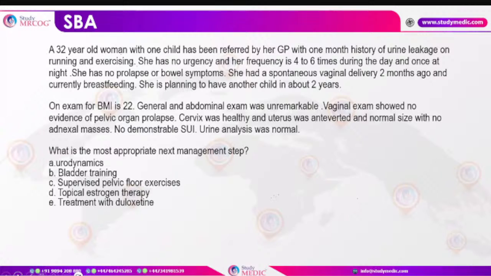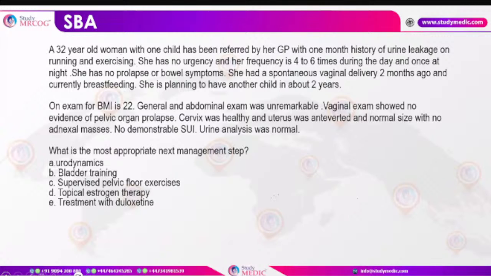She had a spontaneous vaginal delivery 2 months ago and she is currently breastfeeding the baby and she is planning another childbirth in about 2 years. On examination, BMI is 22, general and abdominal examination is unremarkable. Vaginal exam showed no evidence of prolapse. Cervix is healthy, uterus anteverted and normal size with no adnexal masses, and there is no demonstrable SUI. Her urine analysis was normal.